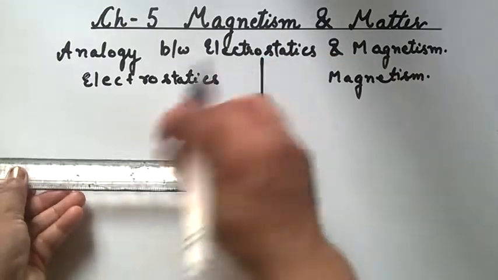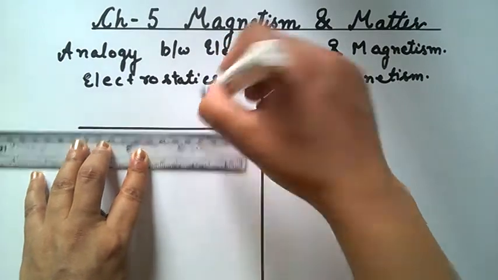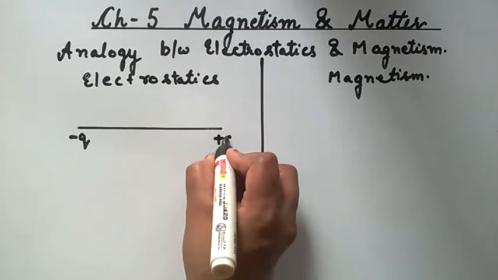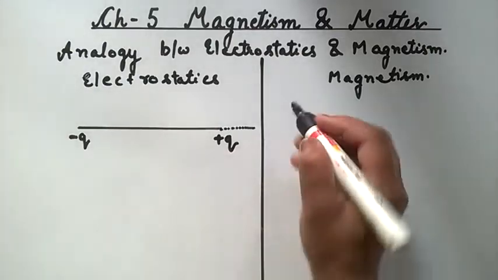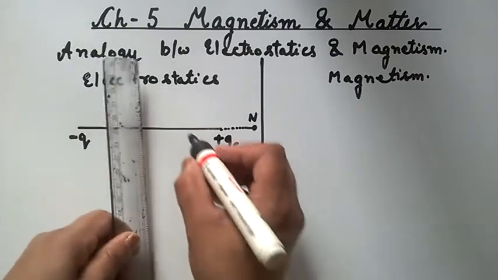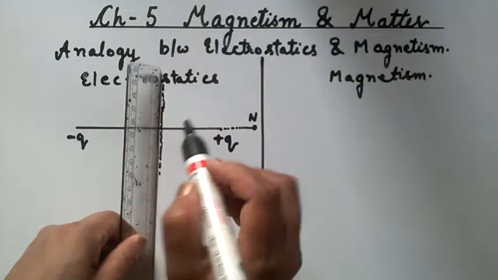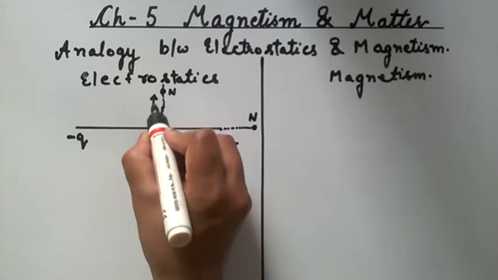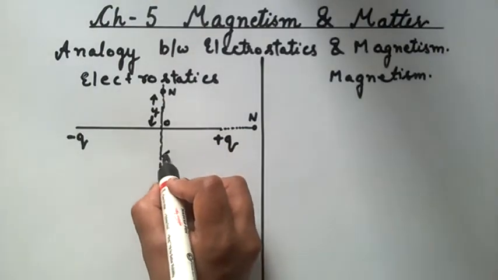Now the dipole is given by two equal and opposite charges. We want to find the value of electric field at point N on the axial line, and we want to find the value of electric field on an equatorial line at point N. The distance is y, and here it is r.